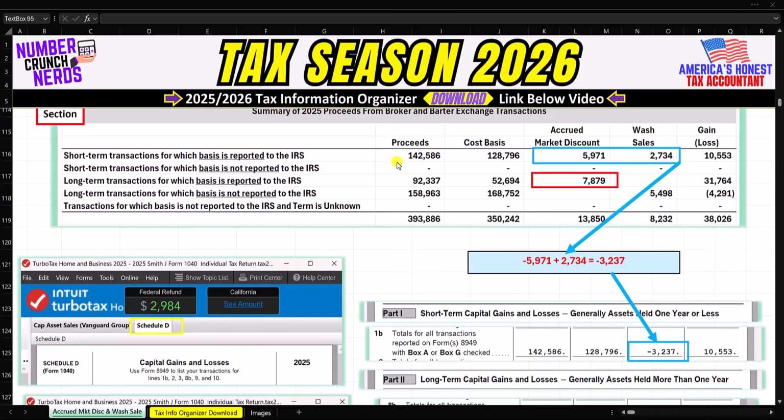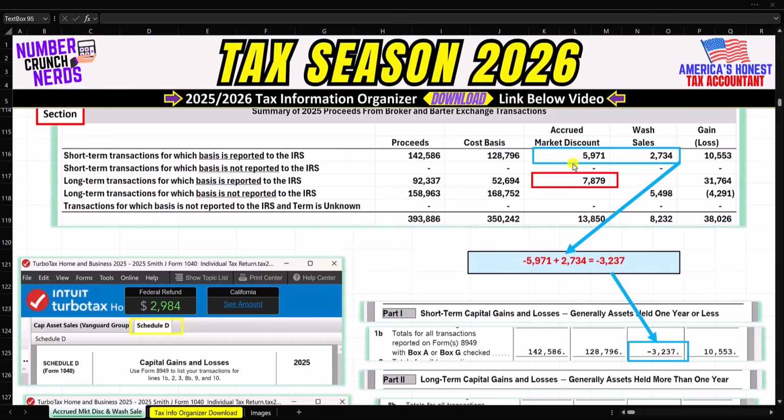And then one more example here using a short-term transaction: $142 of proceeds, $128 of cost basis. We're going to subtract out this $5,971 of accrued market discount, and we're going to add back this wash sale loss of $2,734, resulting in a gain of $10,553. The net of these two items in the blue box, minus 5.9 thousand and plus 2.7 thousand, results in a net adjustment on our Schedule D right here of a negative $3,237.